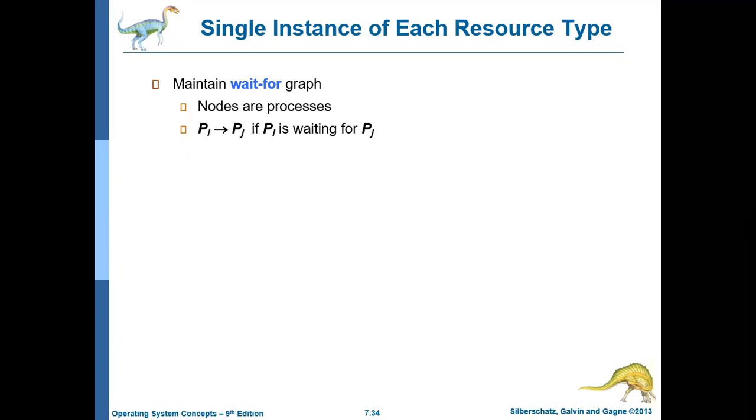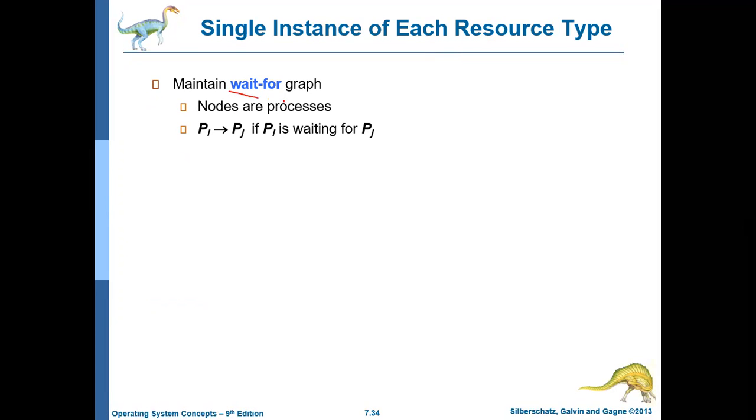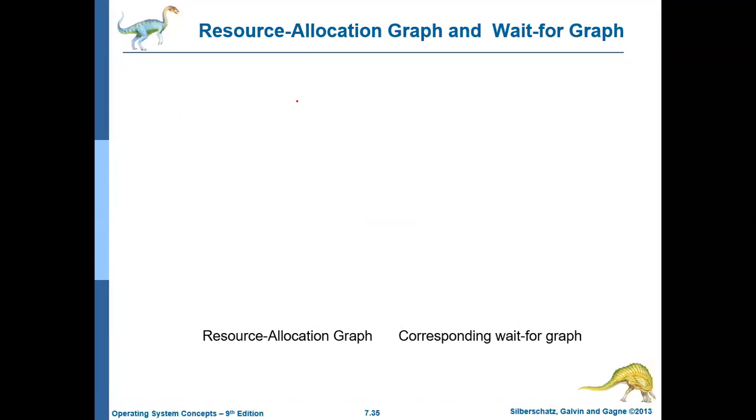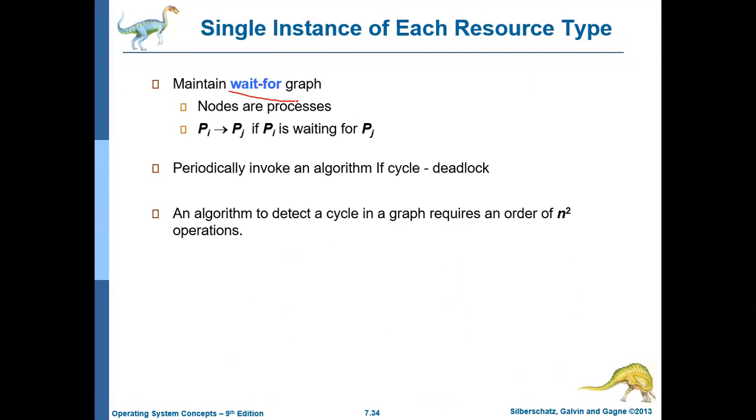The first version will be applied when there is only one instance of each type of resource, and it works by using a wait-for graph. Whereas the second type of algorithm will be used when there are several instances of a resource type. Let us discuss both the cases.